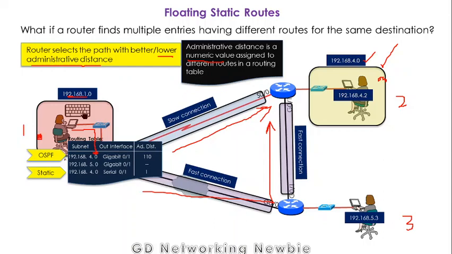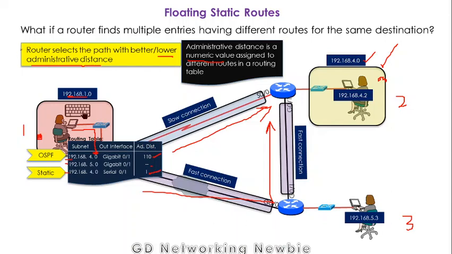So we have this route, second route, third route, and every route is assigned a different numeric value. For example, the first route has been given a numeric value of 110. The second I haven't shown here, but for everyone there should be some value. For the next route we have a numeric value of 1. So that is the administrative distance.